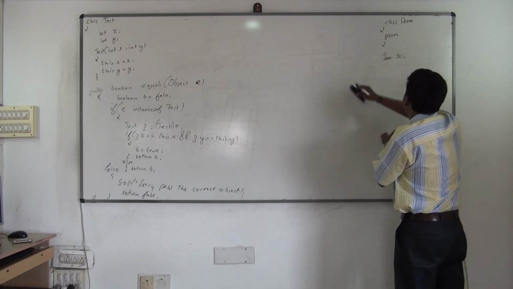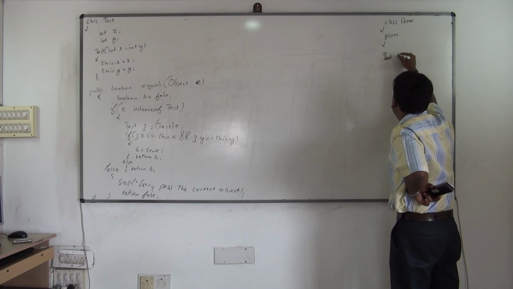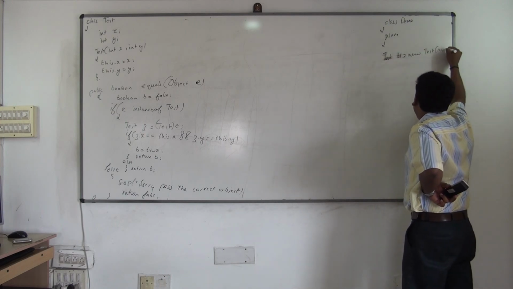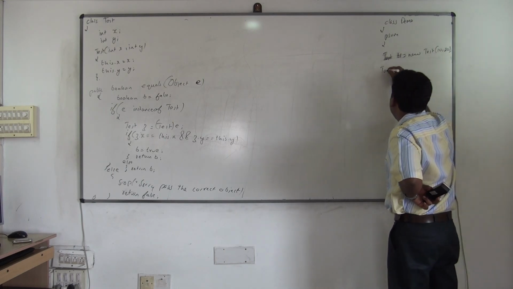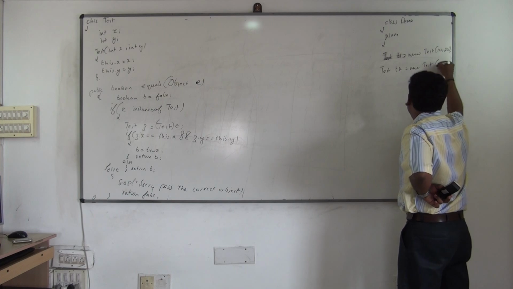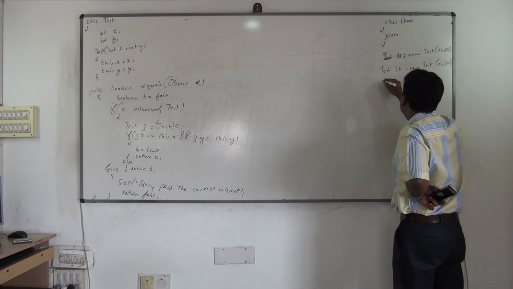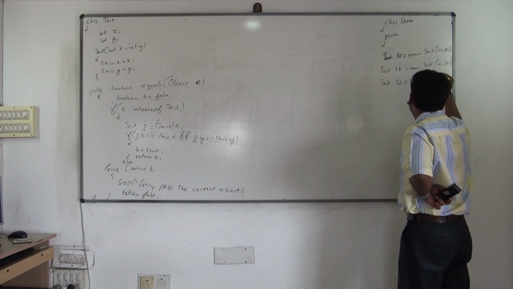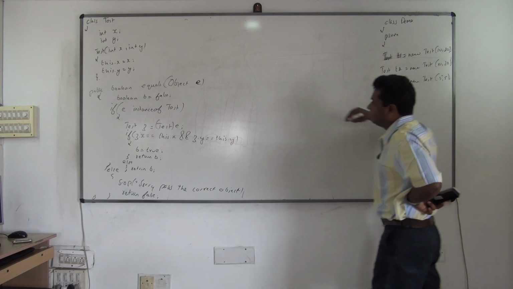Sorry, test now. Test t1 is equal to new Test(10, 20). Test t2 is equal to new Test(10, 20). Test t3 is equal to new Test(5, 5). Now see what happens.